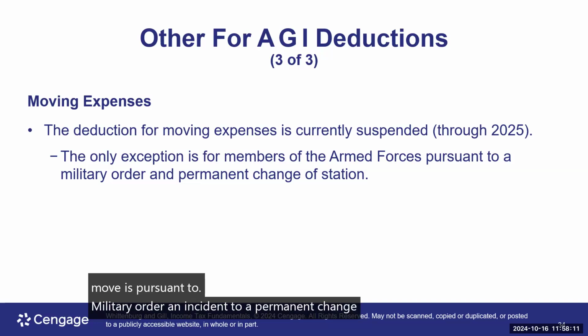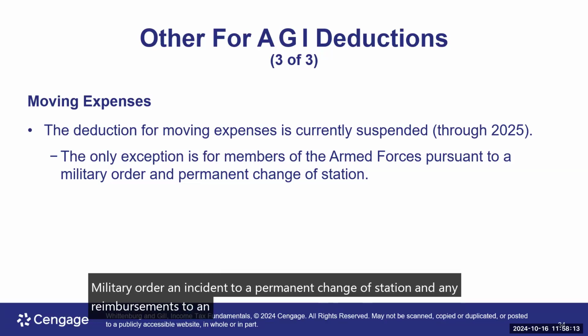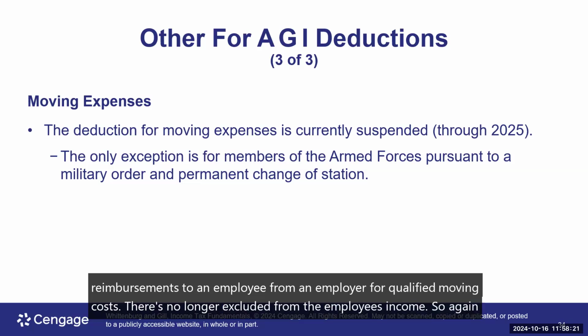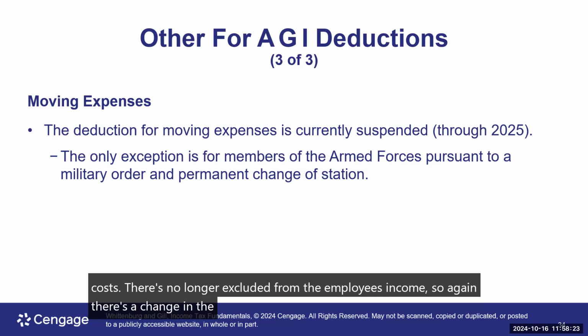And any reimbursements to an employee from an employer for qualified moving costs are no longer excluded from the employee's income. So again, there's a change in the tax law as it relates to moving expenses.